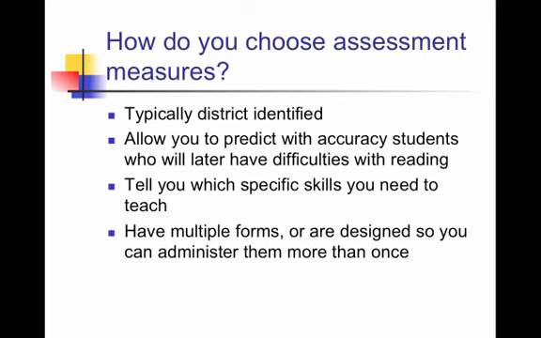And another helpful tip is that you want to choose an assessment that has multiple forms. That way you can follow up and administer the assessment again, perhaps a week later or a month later, to see whether or not the student has benefited from whatever focused instruction you're providing.